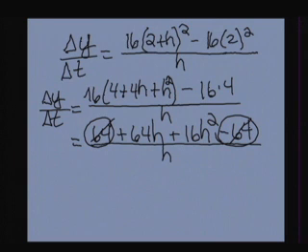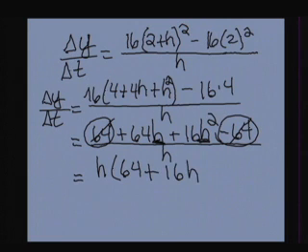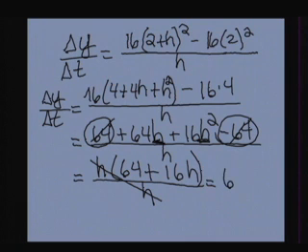And then I can factor an h out of each of these terms. So I have h times 64 plus 16h all over h. Now, those h's cancel out, and I have simply 64 plus 16h.